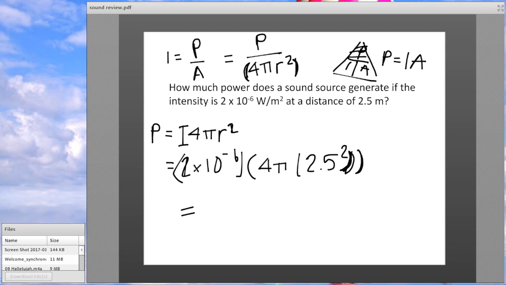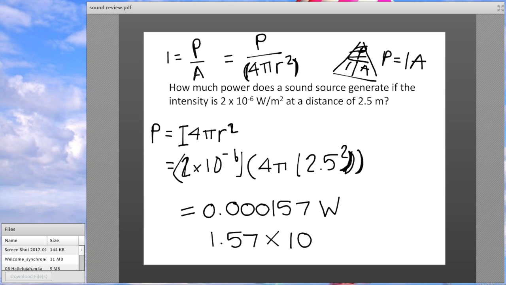I'm multiplying it by a small number, so you would think you would get a small number. You can leave your answer like this, or you can do 1.57 times 10 to the negative 4. Either of these is perfectly acceptable.